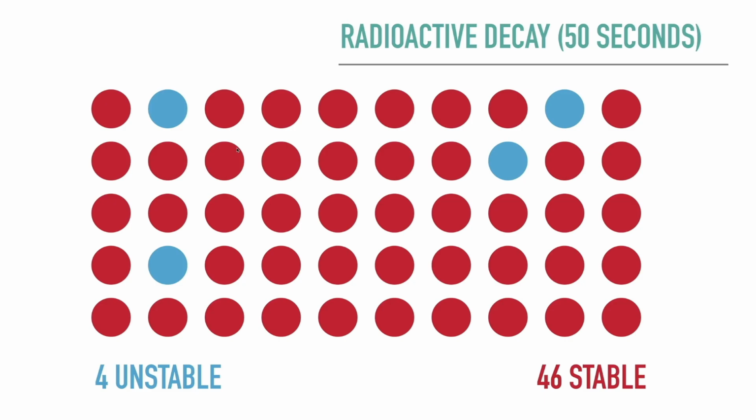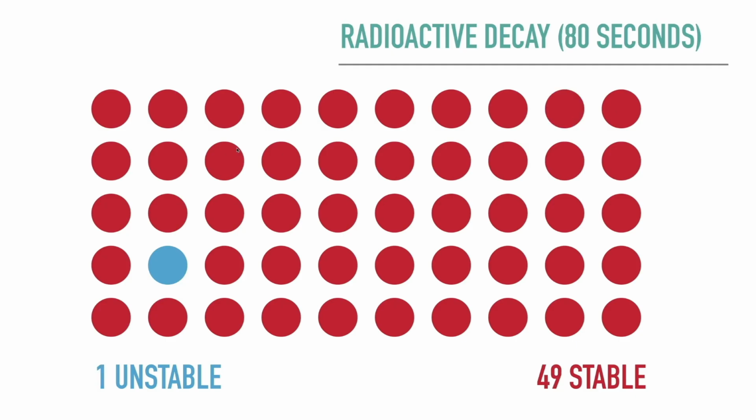We're going to go up to 100 seconds. At 60 seconds, we have 3 unstable and 47 have given off radiation to become stable. At 70 seconds, we have 2 unstable and 48 stable.